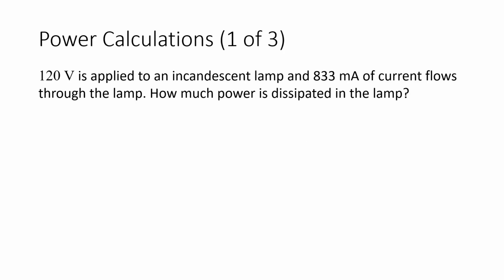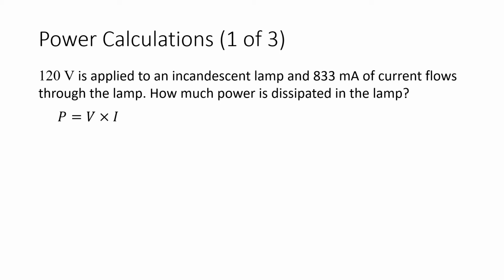Let's look at some examples. 120 volts is applied to an incandescent lamp and 833 milliamps of current flows through the lamp. How much power is dissipated in the lamp? As with our Ohm's Law problems, we always start by writing down the formula that we will use to solve the problem.